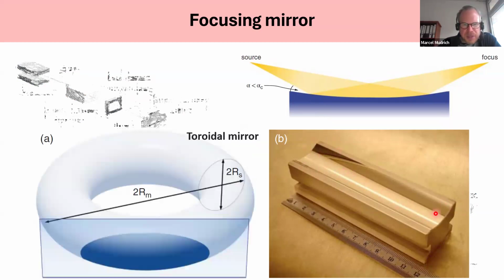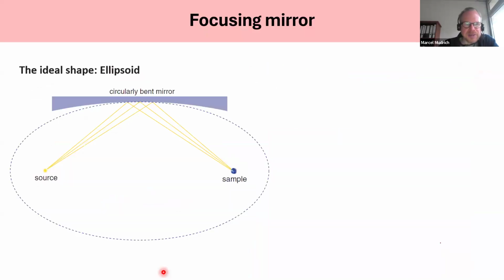In practice, the typical profile of focusing mirrors is of this toroidal shape. What is meant by a toroidal mirror is that it's essentially a cutout from the geometric shape of a torus, which has a circular profile both in the longitudinal and in the transverse direction. That makes it easier for machining, because it's easier to machine circular profiles than something more sophisticated.